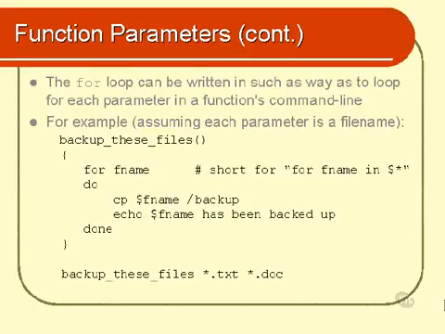So the first time through the loop, fname will be set to $1, and the second time through the loop, fname will be set to $2, and so on. And even if there's more than 9 parameters to the function, like in this case I just said there might be 11, it still works. So in this particular example, we would get 11 different copies followed by 11 echoes.